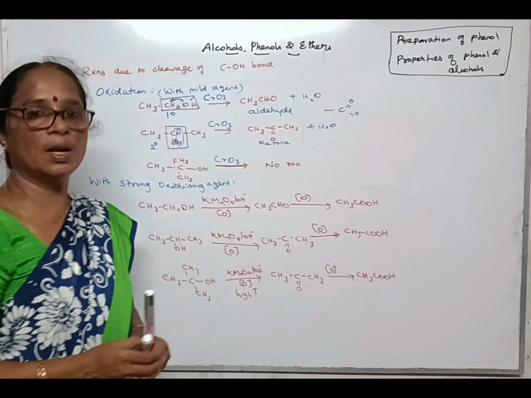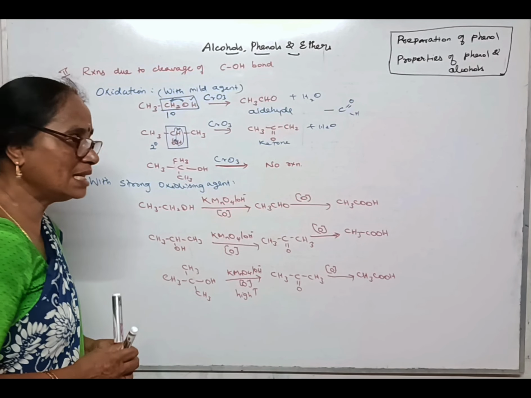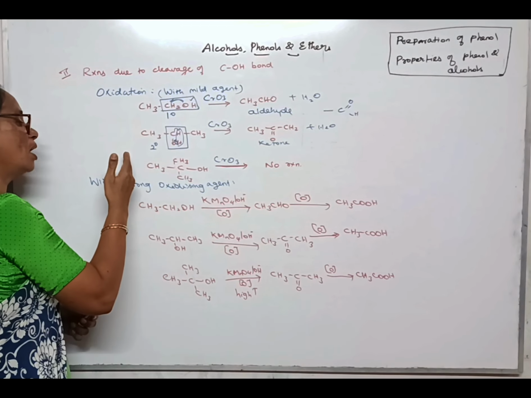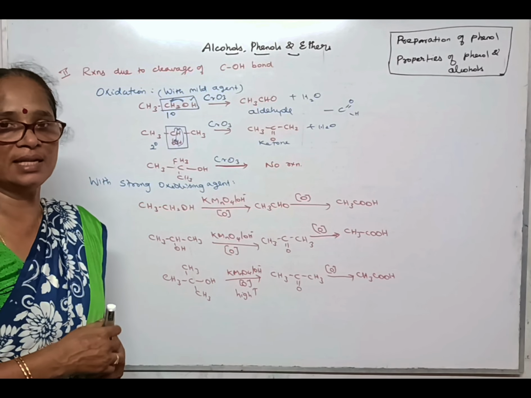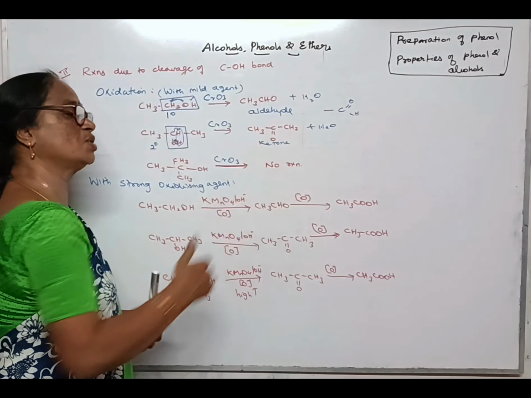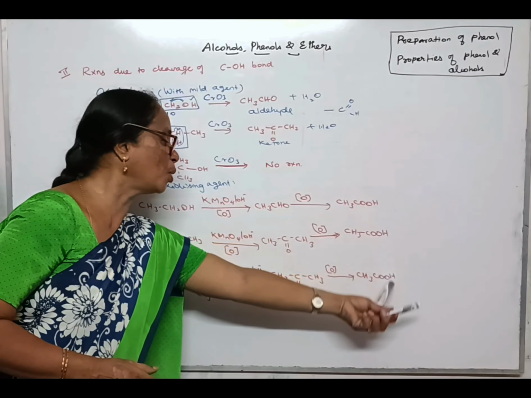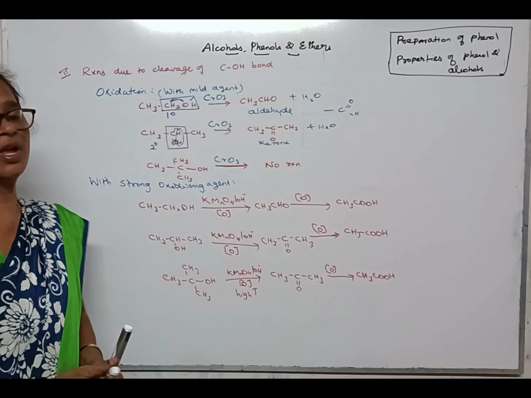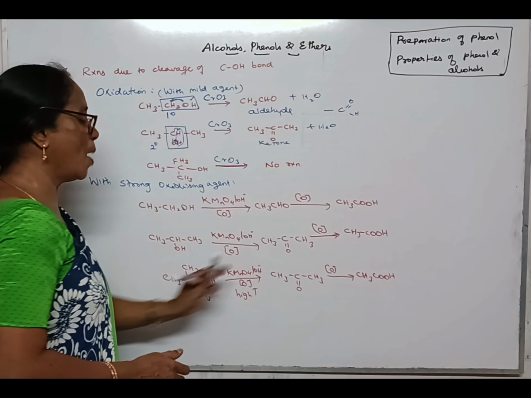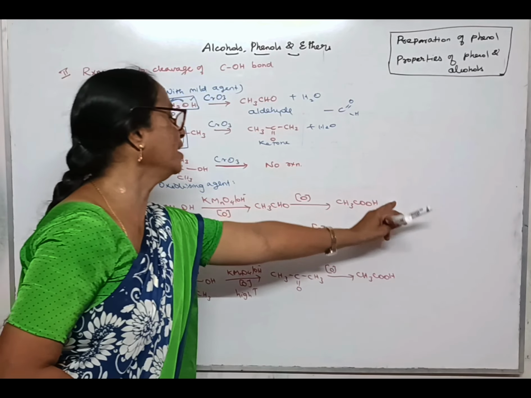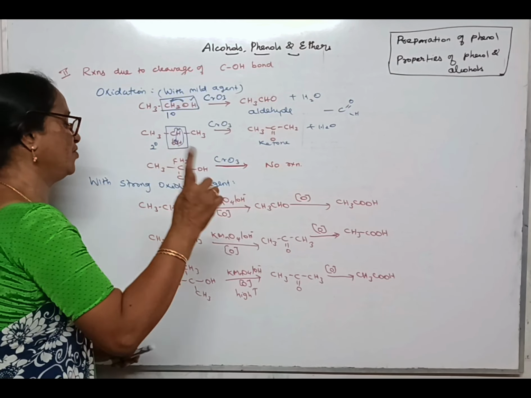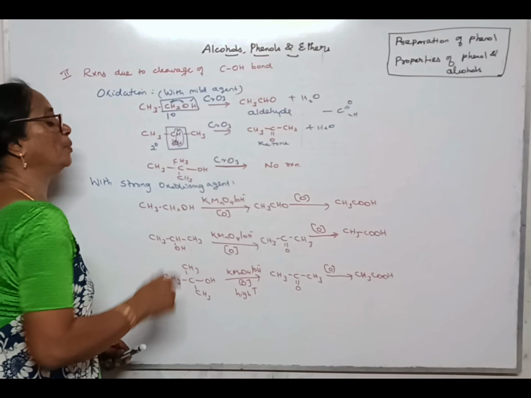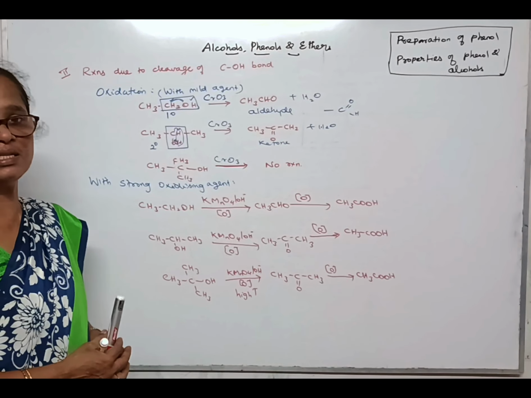no products will be observed. But at the same time, when these alcohols are treated with a strong oxidizing agent, they give rise to the final product, carboxylic acid. So all the alcohols upon oxidation, the final product formed will be a carboxylic acid if the reaction takes place in the presence of a strong oxidizing agent.